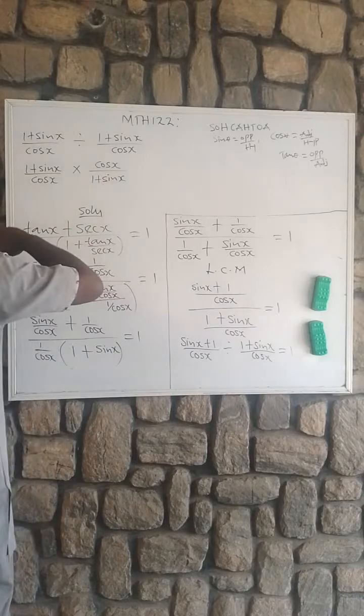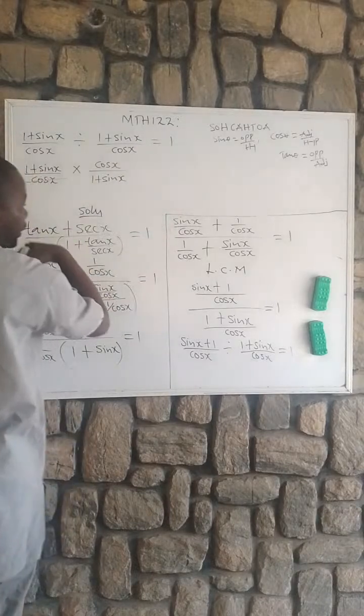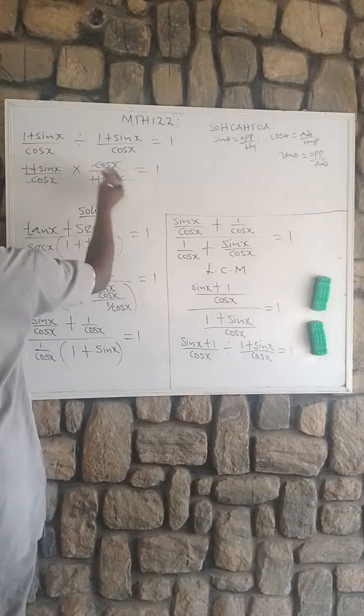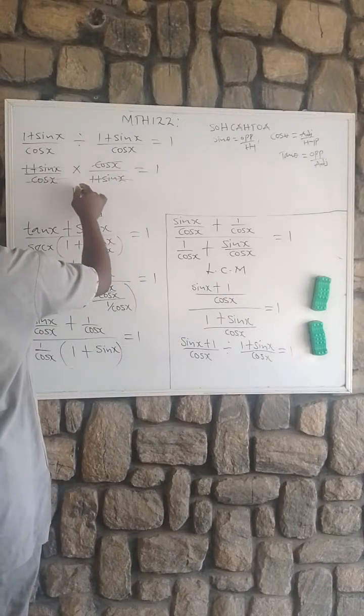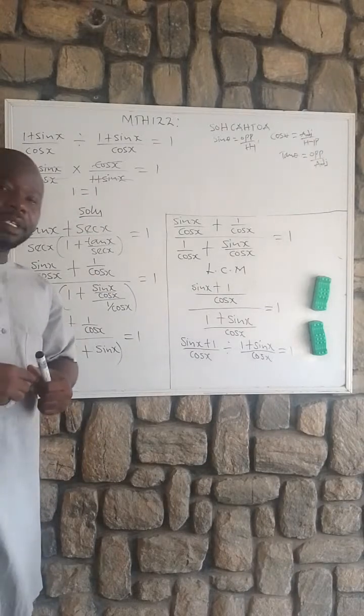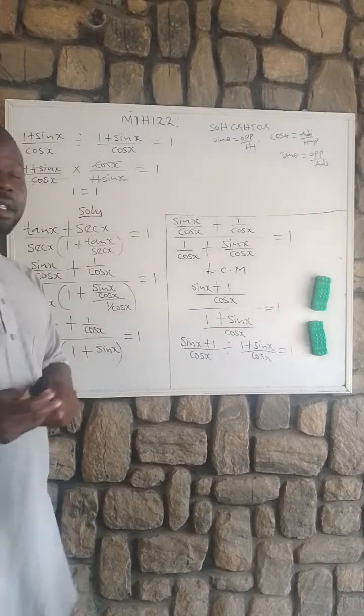So you can now see that this cancels, equal to 1. This cancels, equal to 1. So you can now see that the left hand side is 1. So 1 equals 1. This is what they wanted us to prove, and this satisfies the proof.